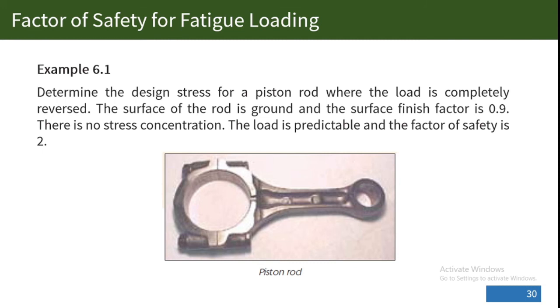And we are given here that the surface of the rod is ground. Thus, it represents the factor, and also the relation of the ultimate tensile strength. And we are also given the surface finish factor of the material, with the value 0.9. There's no stress concentration, and we are given a factor of safety of 2.